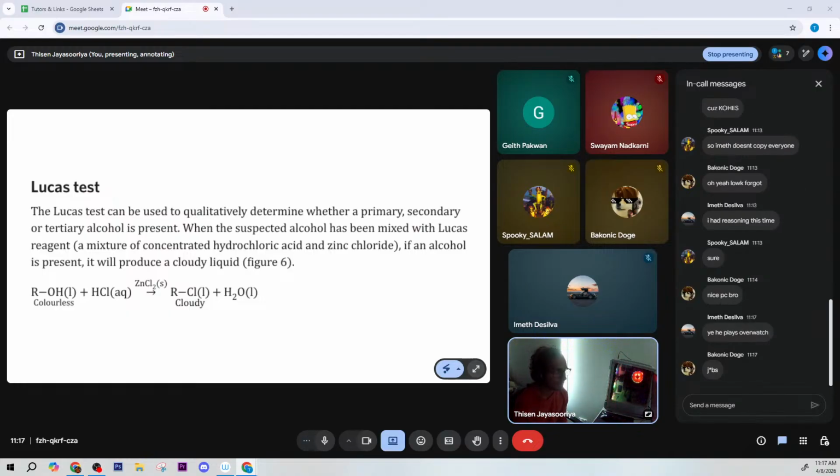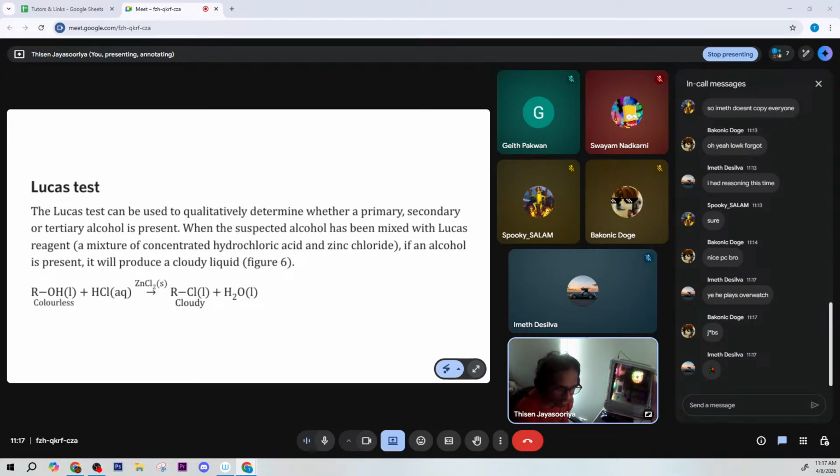So here we have the Lucas test, yeah? The Lucas test works for all alcohols. Essentially, if you react any alcohol with hydrochloric acid in the presence of a zinc catalyst, you should expect it to get cloudy.